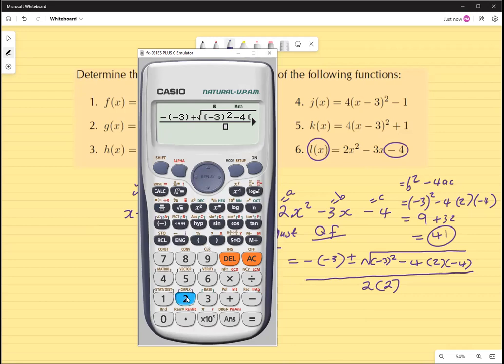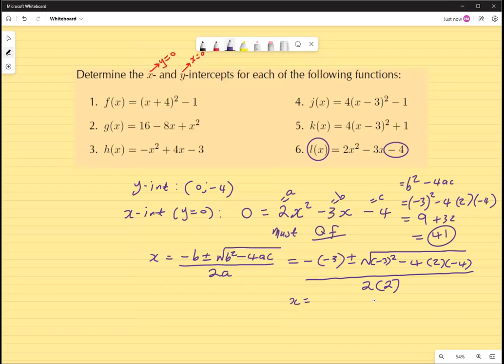Then all over 2 times 2, right? The reason I couldn't put plus minus here is because there's no function like that on the calculator. So you always start with one side and come back later to do the other. So my two answers are going to be x equals this or x equals that.